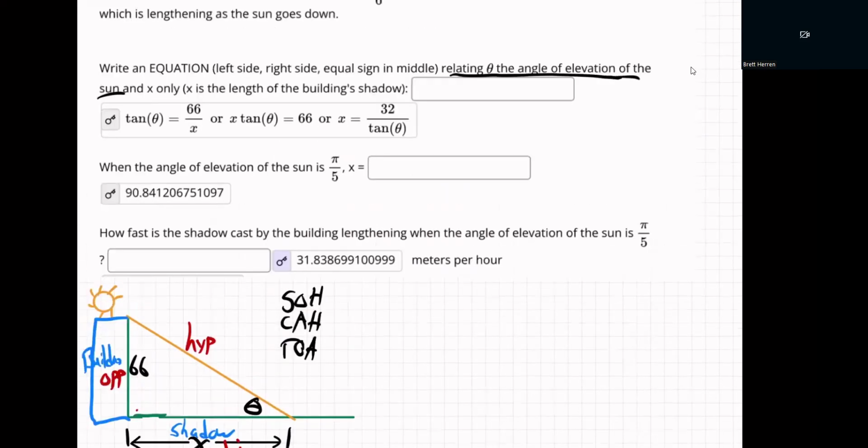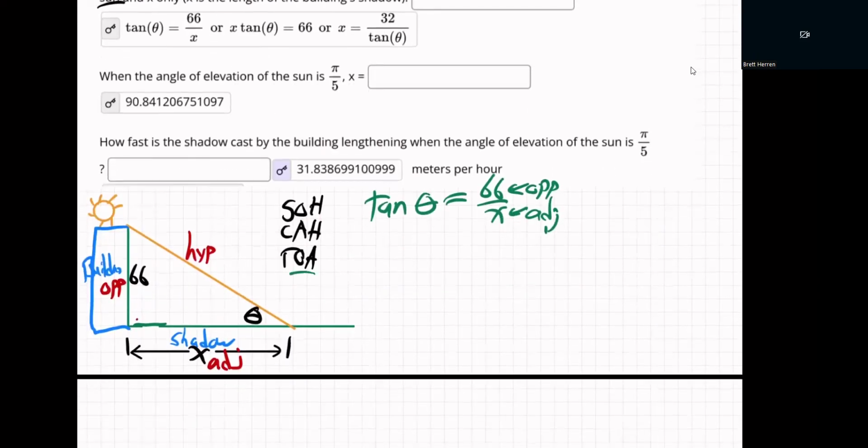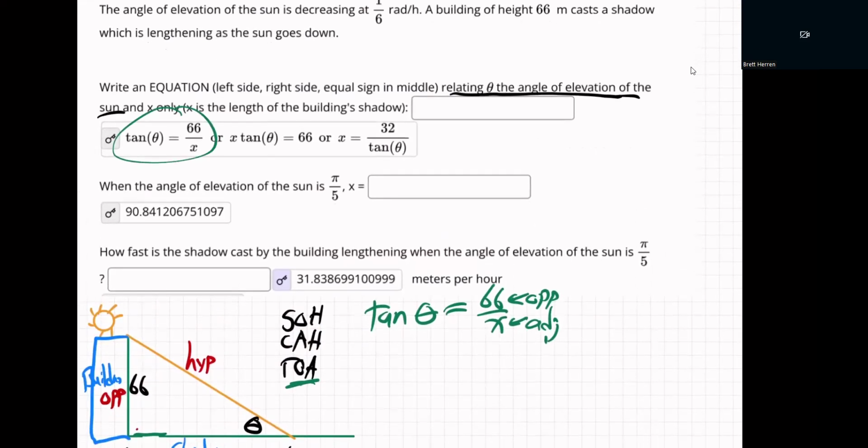Tangent. That's how we know. So we want tangent of theta equals 66 over x because that's opposite over adjacent, right? That's what tangent is, opposite over adjacent. 66 over x. So there's our first equation, the equation relating those two, right?